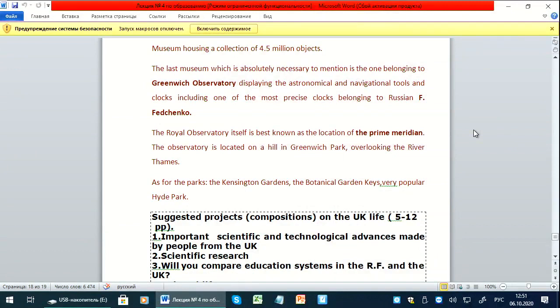There are a lot of beautiful parks in London. Maybe you've heard, or not maybe, you have certainly heard of the very popular Hyde Park with its corner of speakers, a very huge park. Then the Kensington Gardens, and there is a very interesting botanical garden, Kew.